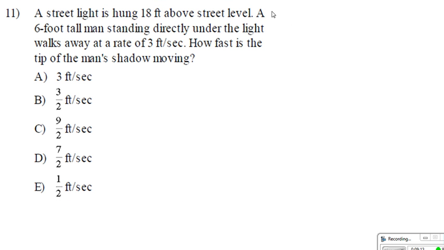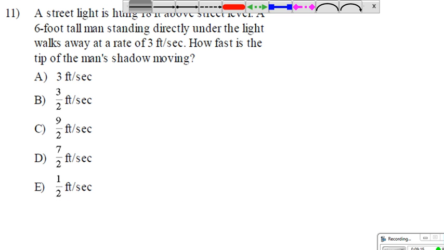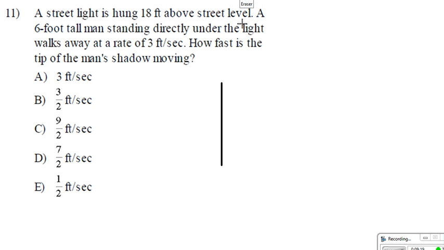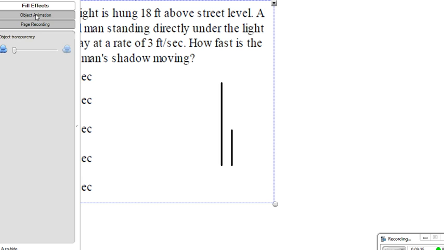A street light is hung 18 feet high. So in this case, let us say this is the street light, and then we have a person 6 foot tall.